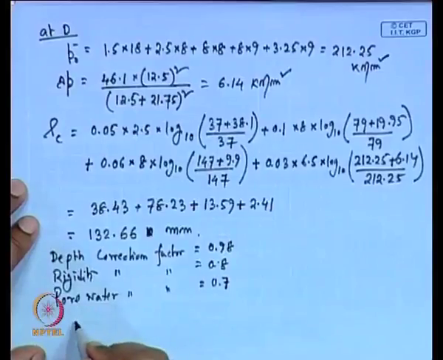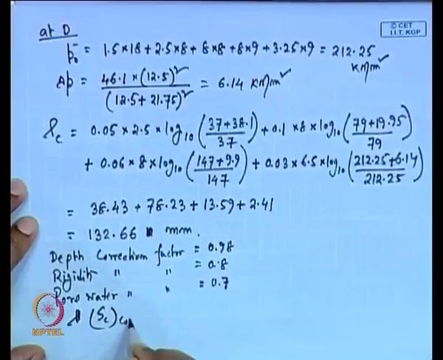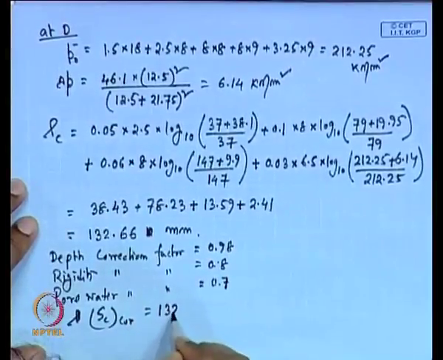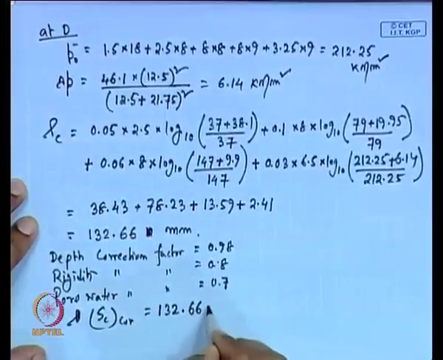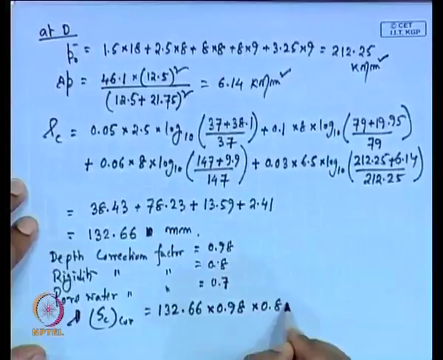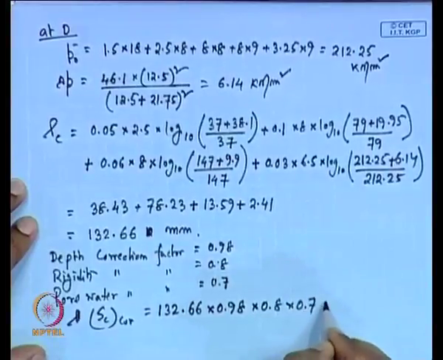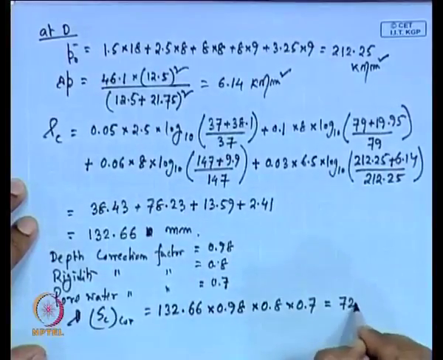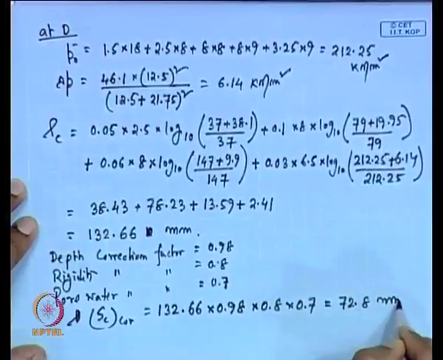So, the corrected consolidation settlement is 132.66 into 0.98 into 0.8 into 0.7. So, that is 72.8 millimeter.